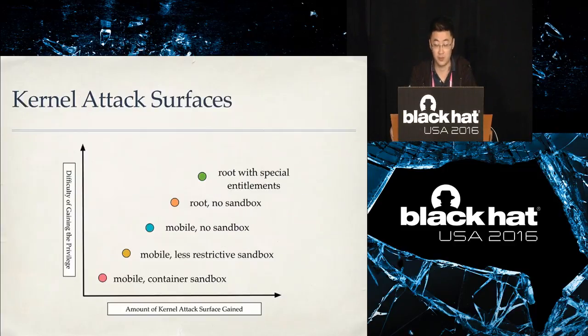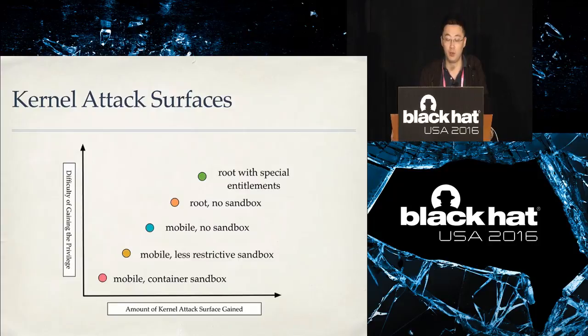With this goal in mind, we use this figure to demonstrate the trade-off between the difficulty of gaining code execution privilege versus the amount of kernel attack surface you gain. Let me explain the figure a little bit more. Let's say you are a developer, you create your own app, and you run it on the iOS device.